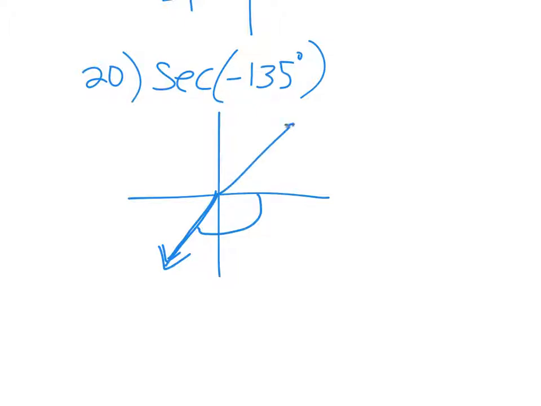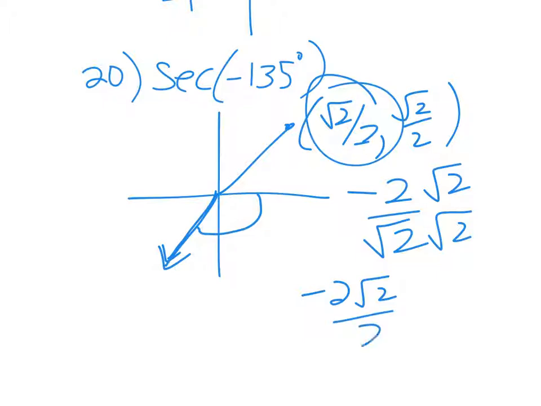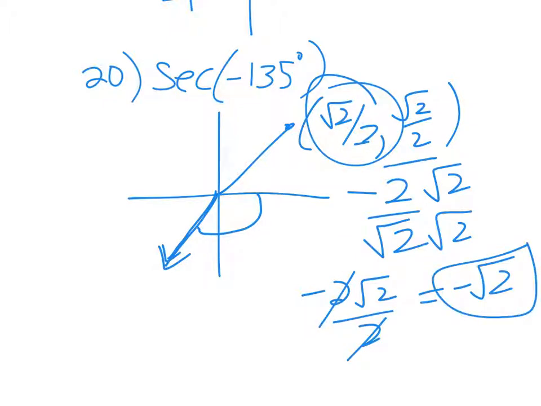And I know that at pi over 4, it's rad 2 over 2 and rad 2 over 2. Okay, so the secant is going to be negative, and it's going to be the reciprocal of cosine. So if you left your answer like that, that's fine. The book rationalized it, and they did -2 rad 2 over 2, and then the answer is just negative rad 2. So either way, if you had that or that, great.